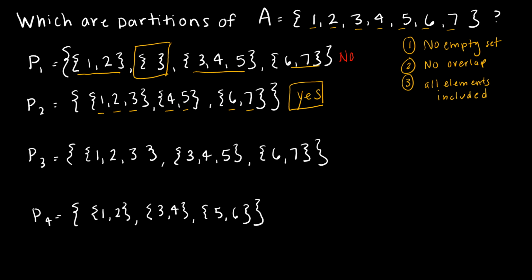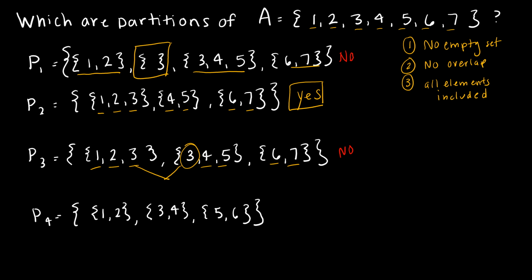Let's try P3. We have 1, 2, 3, 4, 5, 6, 7, but if you'll notice here, 3 was counted twice. So the no overlap is not met. So yes, there's no empty set and all elements are included, but we have an overlap, and so this is a no. And again, I would say for my explanation that 3 was used twice.